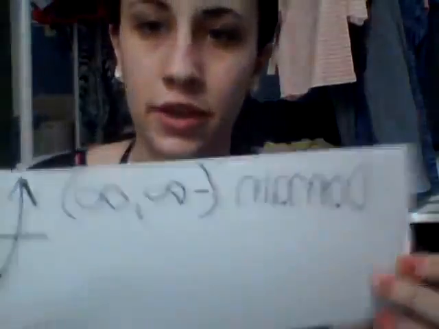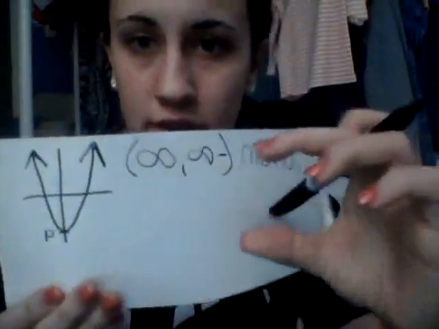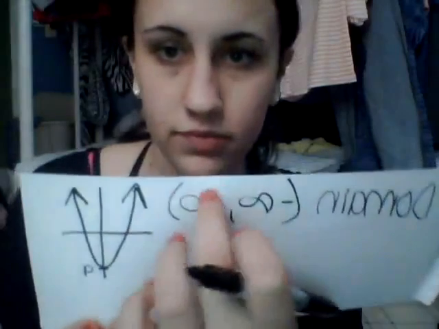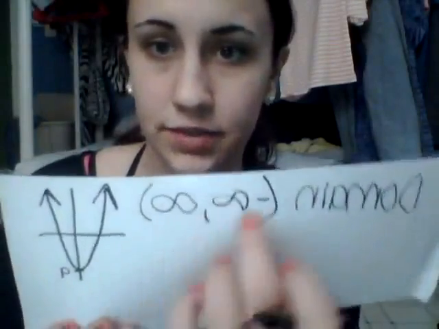So here you have your domain. This is interval notation. It's held into place by the parentheses. And it simply is just reinstating that it's going from negative infinity to positive infinity.